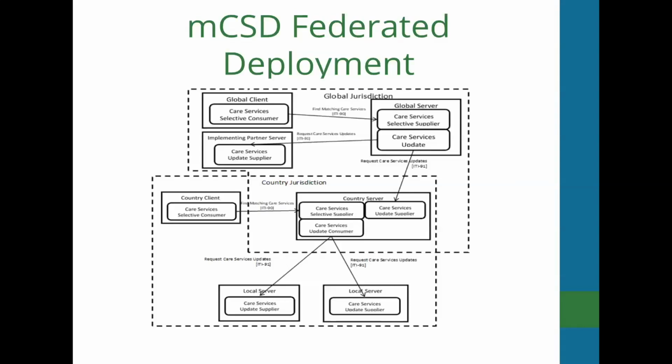You could have a client out there that's maybe looking up licensing on a mobile app, and it can query that country server. But then you may also be feeding a global system that can pull the updates from there, and then you can have partners and global clients that are then querying that to find out what information is stored in this system. And again, a lot of times this is the most complex example. Generally, it'll be a little bit simpler.